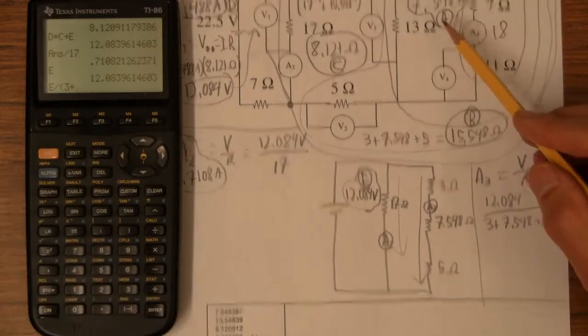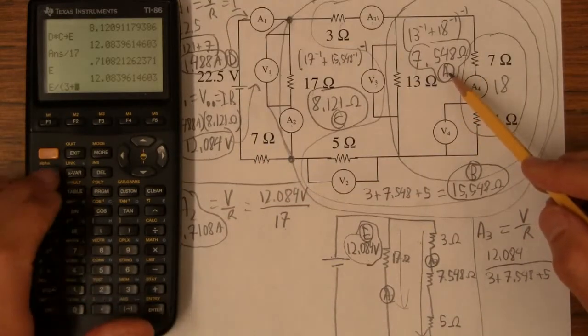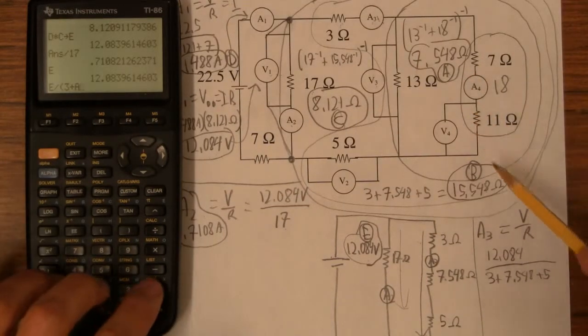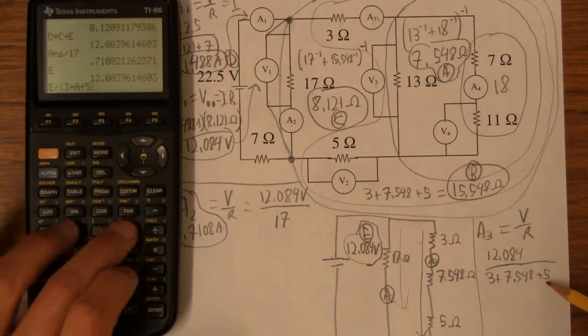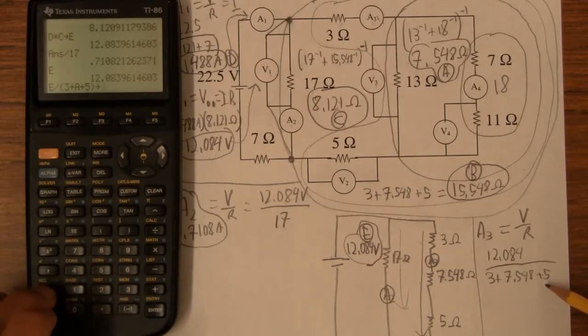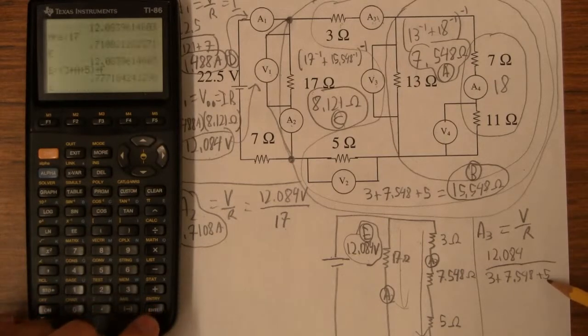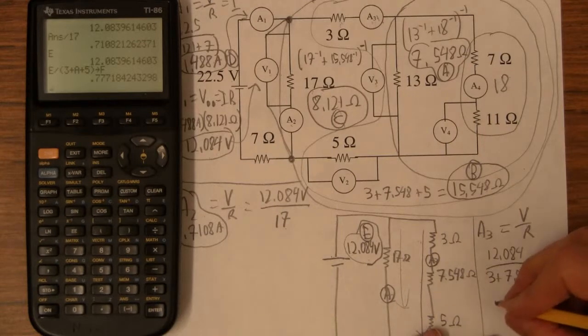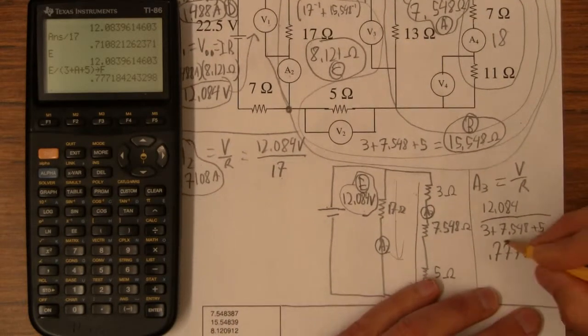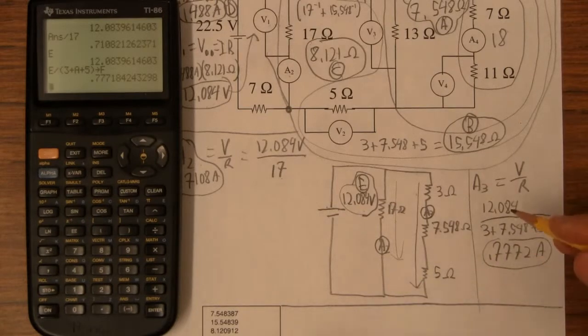That guy's A, you see that? So alpha A, plus 5. And I'm going to store that in, what am I on? I guess I'm on F. 0.7772. And indeed, I'm on the right track. So that's that current, and I stored that in variable F there.